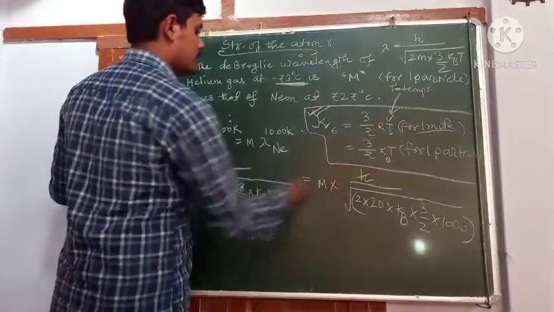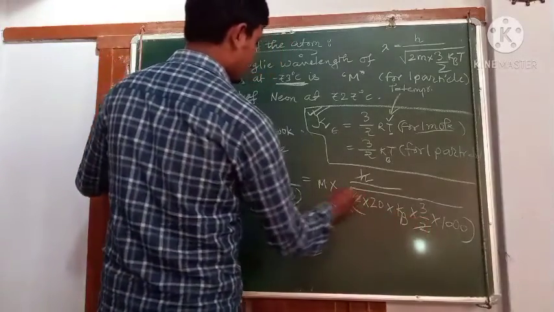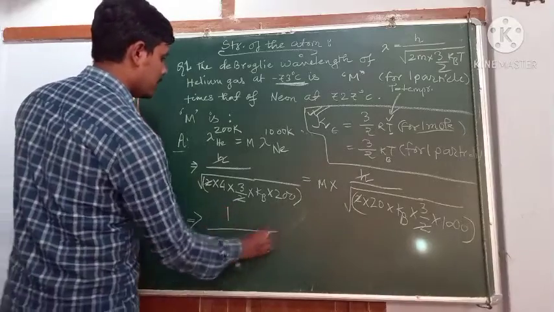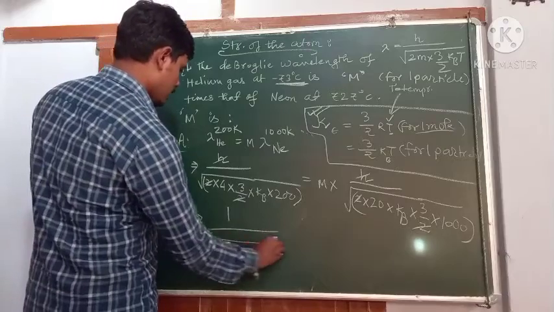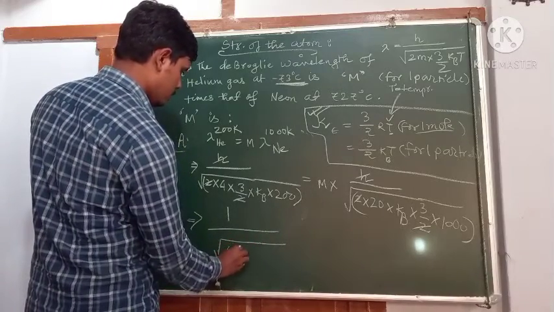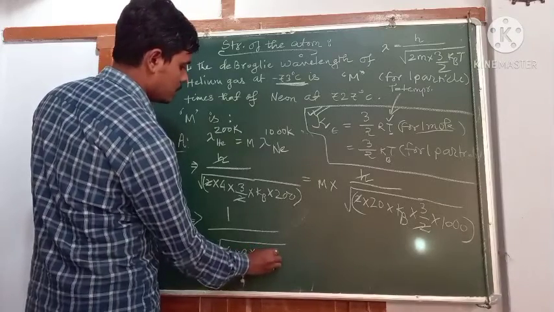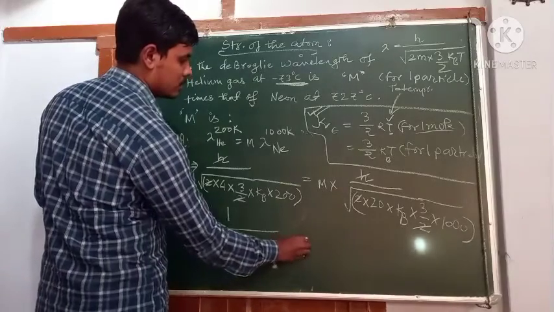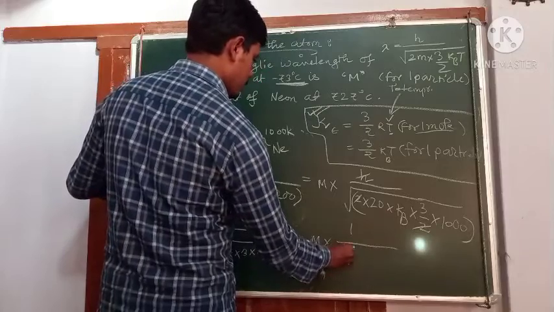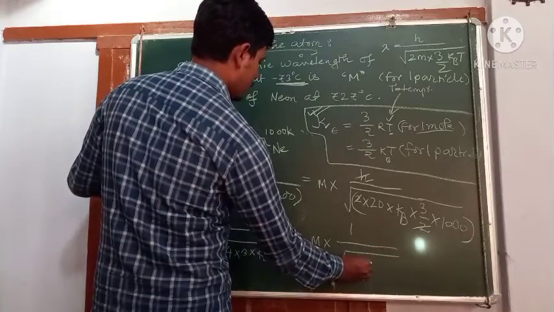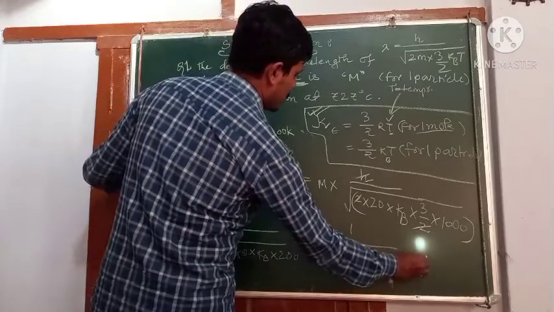So h cancels, the 2 cancels, here also 2 cancels, so we get 1 by root over 4 into 3 into kB into 200 equals m into 1 by root over 20 into 3 into 1000 into kB.